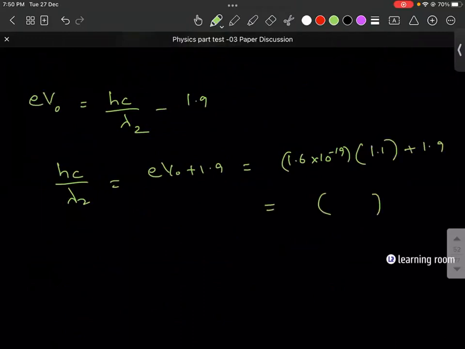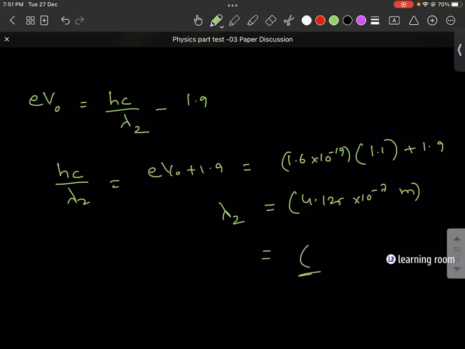So solving this, lambda 2 should come out as 4.125 into 10 power minus 7 meter. So this will be the wavelength of the light.